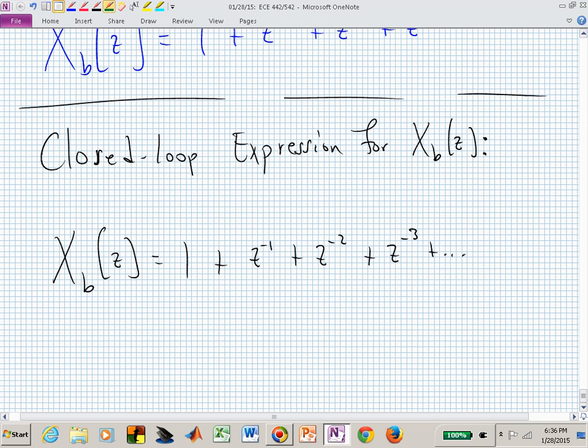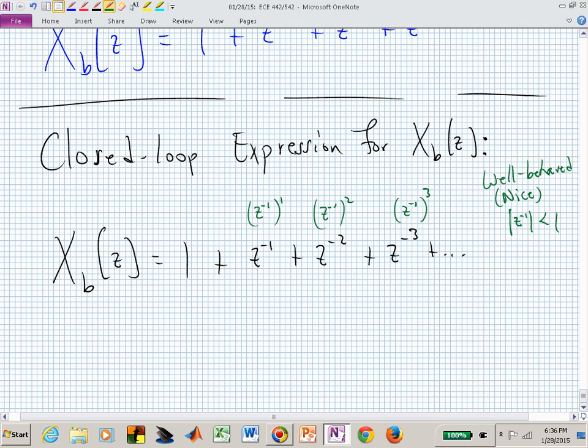You could think of this as z to the minus 1 to the zero, the first, the second, the cubed. This would be well behaved as long as the magnitude of z to the minus 1 is less than 1. As we raise it to higher and higher powers, that's going to vanish, and so that infinite sum will converge to a finite value.